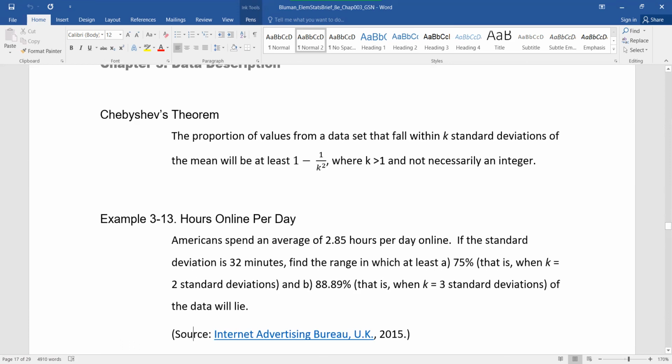All right, the proportion of values from a data set that fall within k standard deviations of the mean will be at least 1 minus 1 divided by k squared, where k is greater than or equal to 1 and not necessarily an integer. So I can have a 3.2 standard deviation.